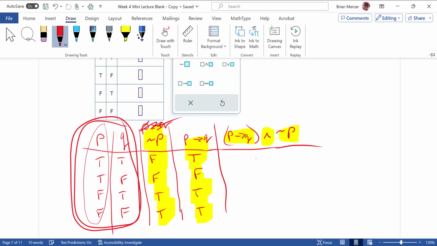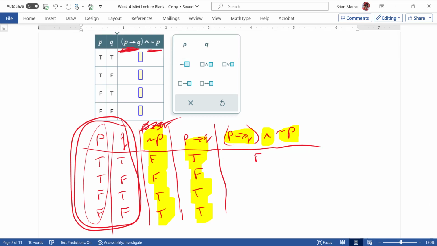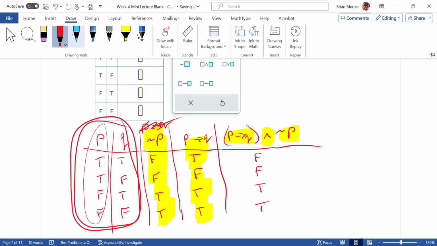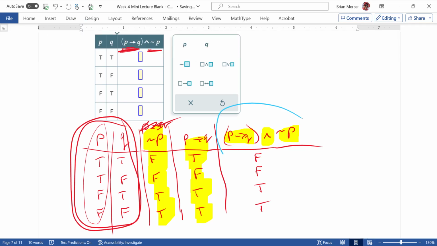So here I've got the first row, one of them is false, so it's false. Here they're both false, so it's false. They're both true, so it's true. Both true, so true. So there is the overall truth value for that truth table.